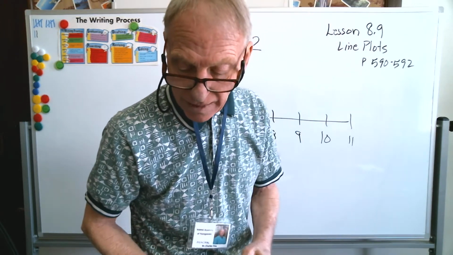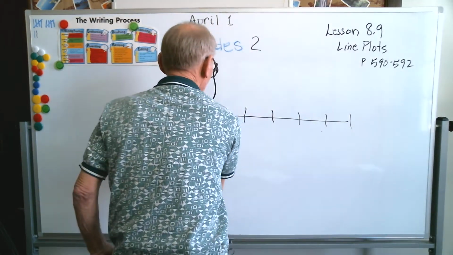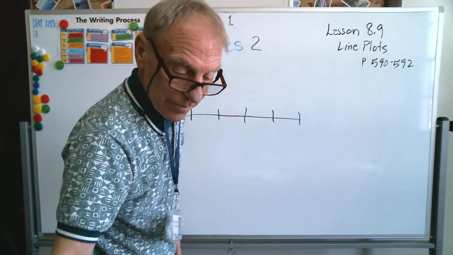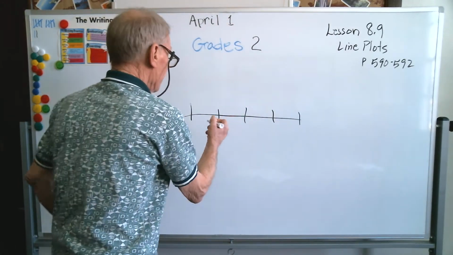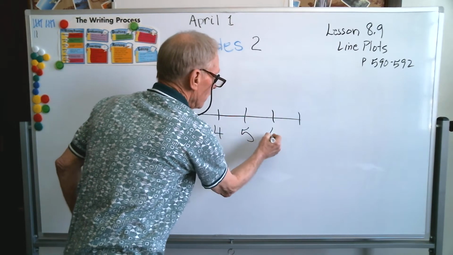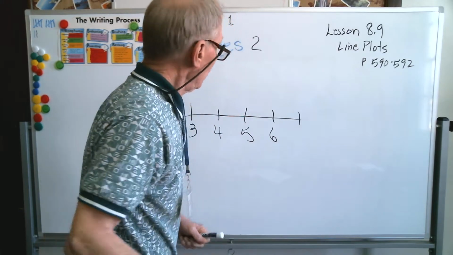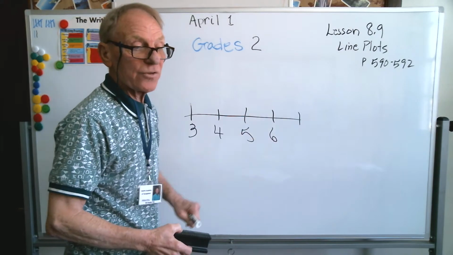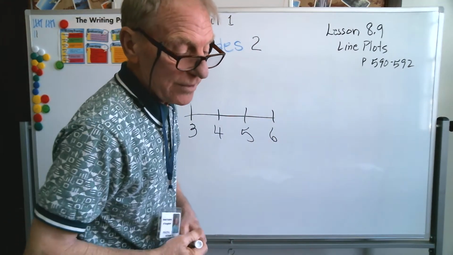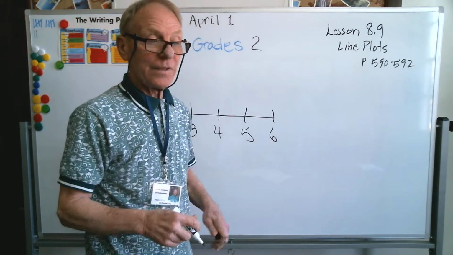The biggest number I see is 6. So you can build your line. The smallest number is 3. So you build your line to include the smallest number and the biggest number. So you've got 3, 4, 5, and 6.